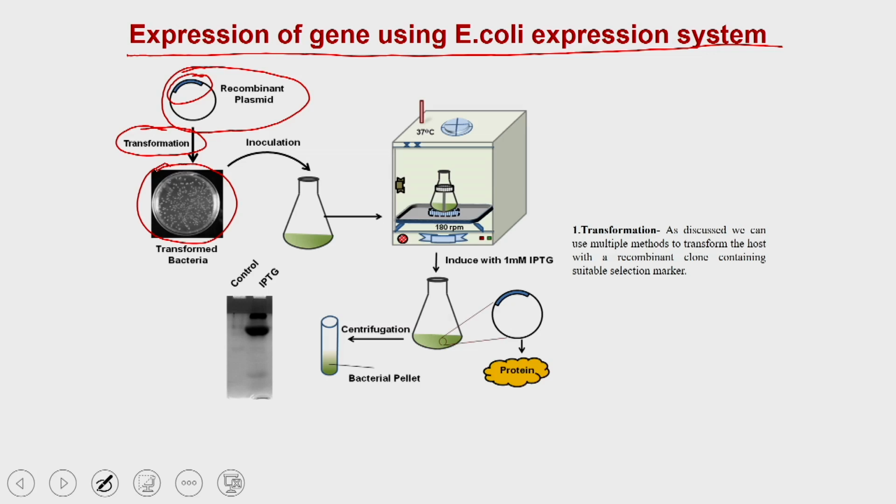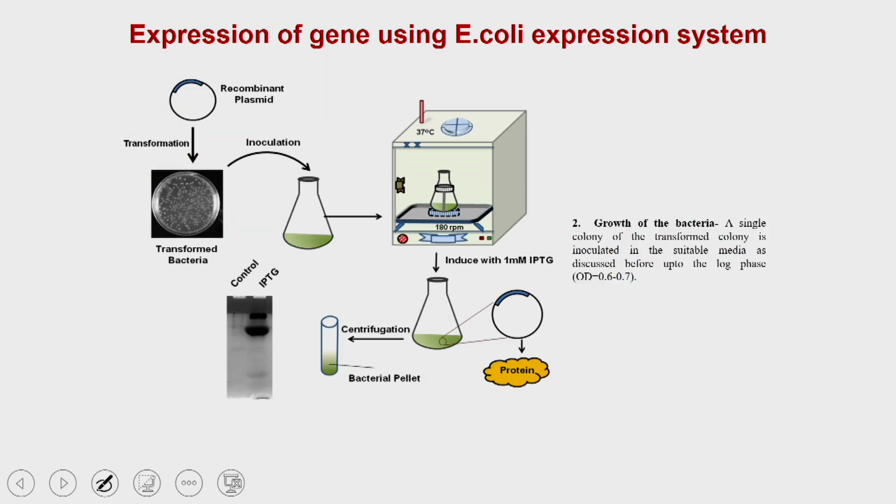So, in the first step you will do the transformation, and we have discussed many methods to transform a host with a recombinant clone containing suitable selection markers. So, you will do the transformation as well as the selection of the transformed bacteria.